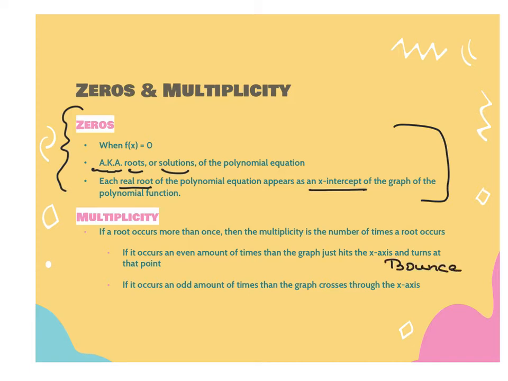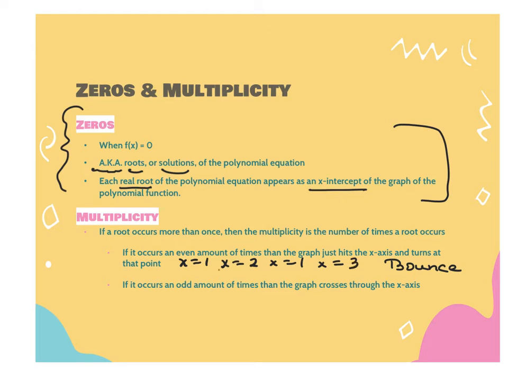So what I mean by an even number, let's say we were given a polynomial and it said find the zeros, and the zeros that you found were x equals 1, x equals 2, x equals 1 again, and x equals 3.